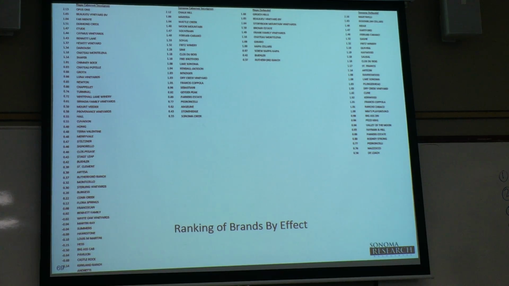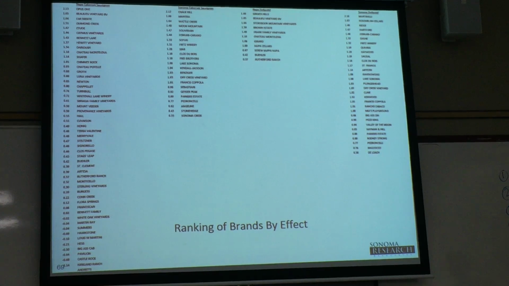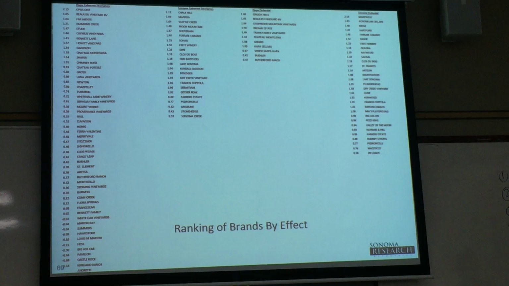Pretty much. St. Francis, I'll have a glass of St. Francis when I go home. There's Ravenswood, Dry Creek, Kenwood. So no surprises here, Rally the Moon, Rodney Strong, and so on.